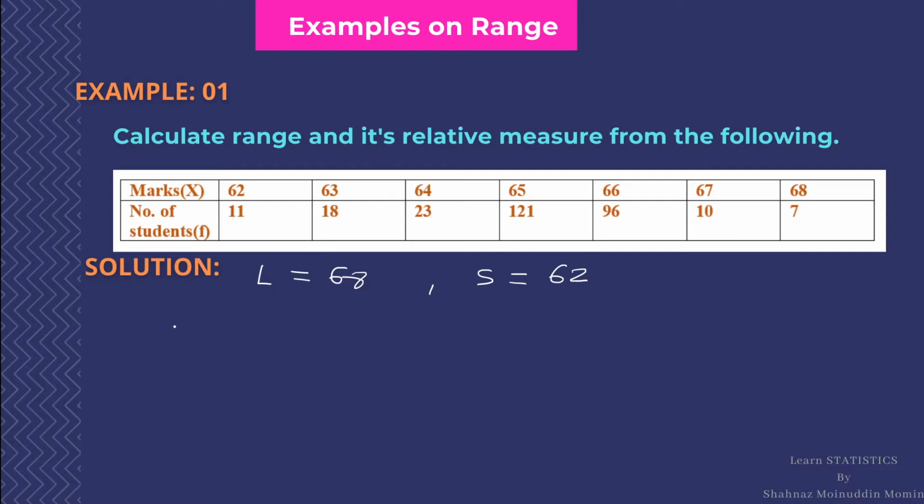Now range is given by L minus S, which is equal to 68 minus 62 is equal to 6. Since 6 is a mark, its unit is 6 marks.